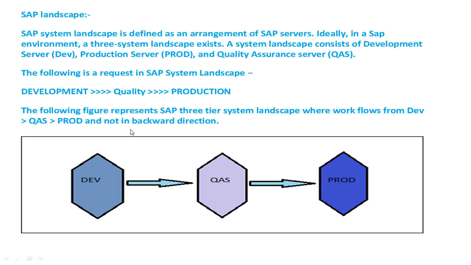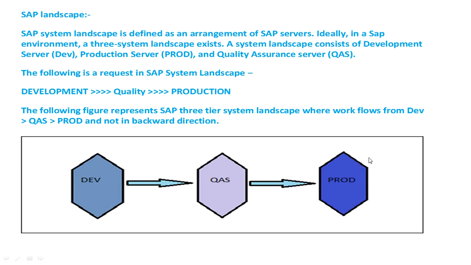So there are a minimum of three clients or three servers, but sometimes there may be more than that. Maybe there will be another server called sandbox. Another server may be there which is called a training server. That means all kinds of training in the SAP software are carried out in the training server. But this production server is a live server. End users always work in this production server.